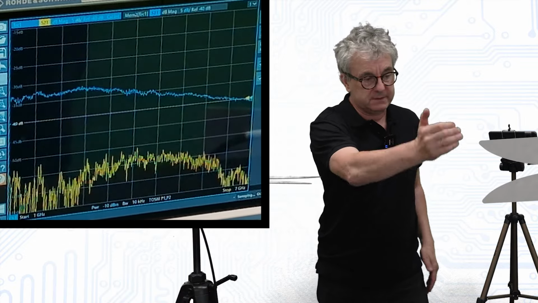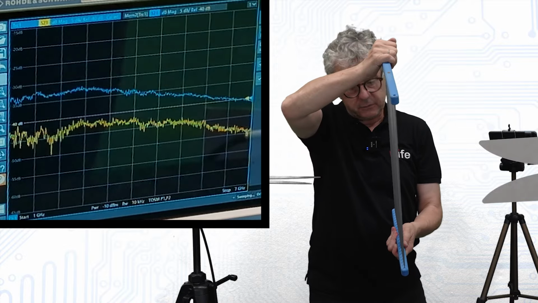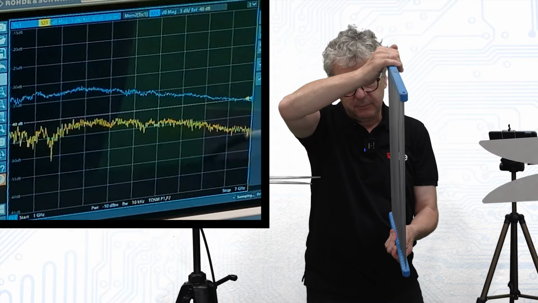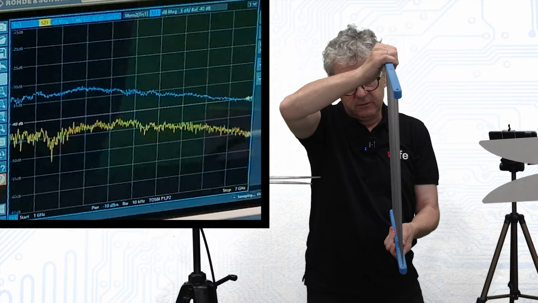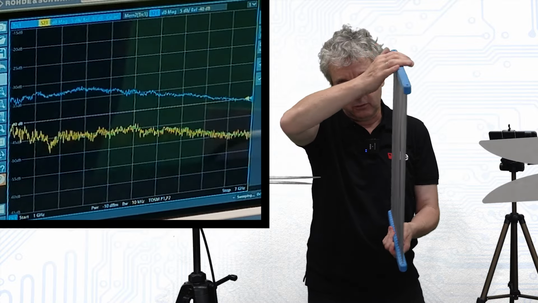What's going on? Why can a shield suddenly cause a signal to appear? What happens is this electrical field causes a current at 45 degree, and the current at 45 degree radiates at 45 degree. So the reaction field is 45 degree, and we can do a decomposition into the horizontal component and vertical component.